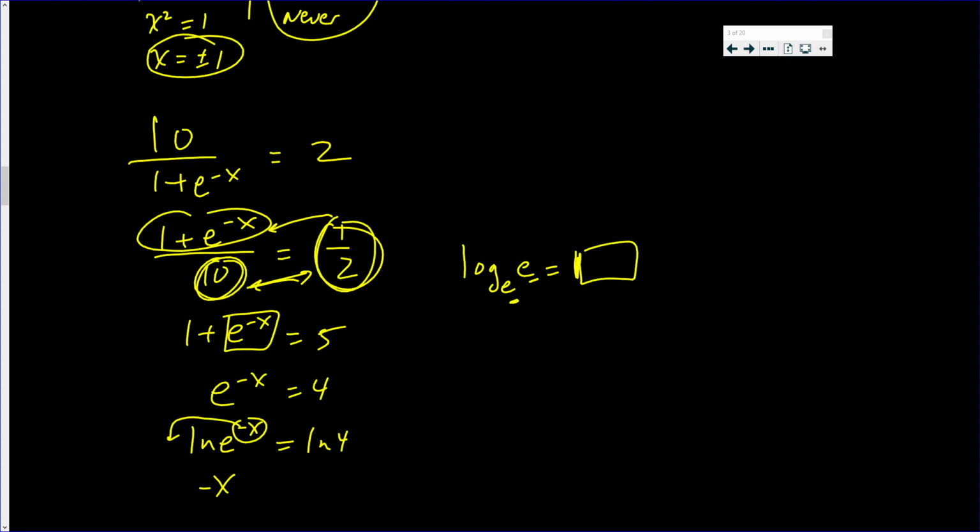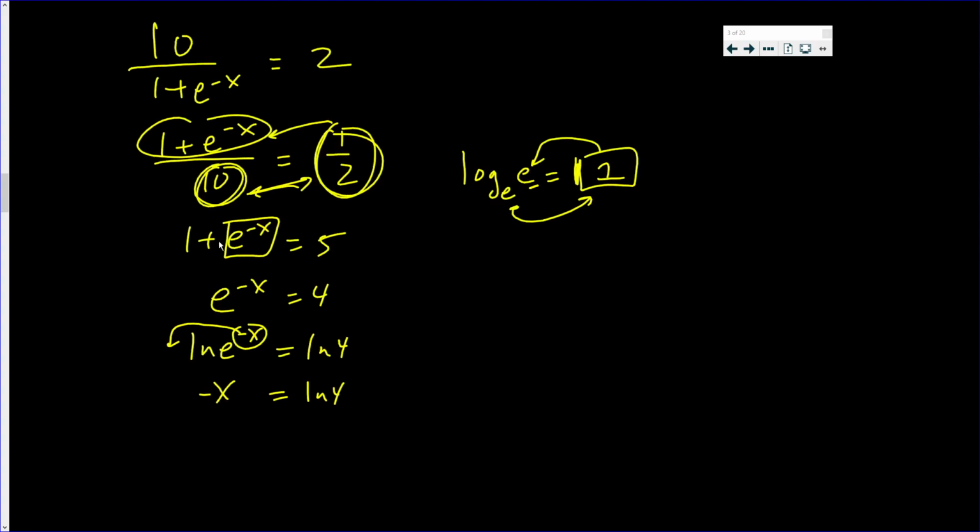Because whether it's e or some other value, this number raised to the first power will give me back itself. So it's 1. And the right side is ln 4. Change the signs, and we get x is negative ln of 4. And that is the answer to that problem.